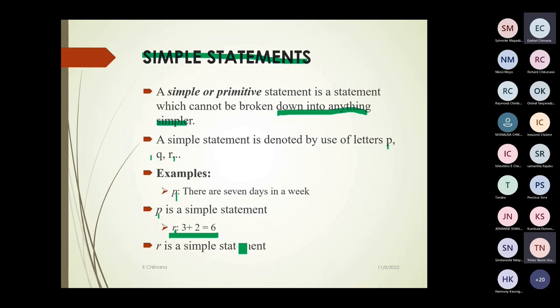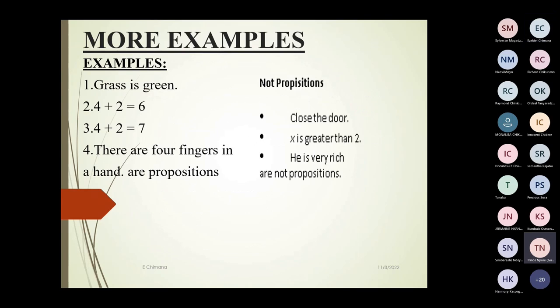Okay, we are talking about a simple statement. So R is a simple statement. These are more examples. In propositions, we need to know which one is a proposition and which one is not, or which one is a statement and which one is not. Let's talk about, if we say grass is green, you can determine if the grass is green or not.